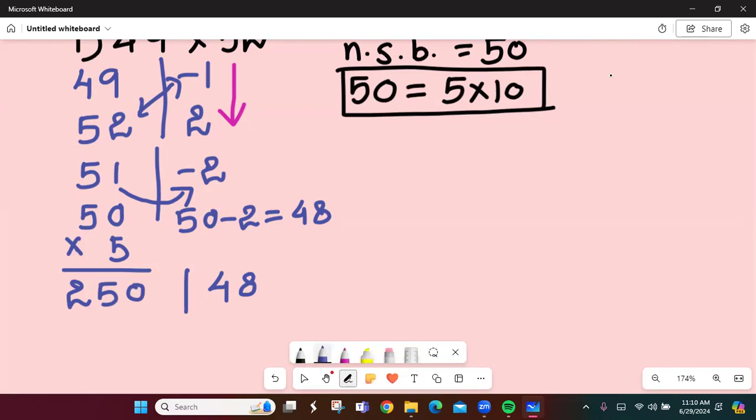But again, keep in mind that the standard base in this problem is 10. That means there should be only one digit in this partition. So this 4, I'll carry forward. So 250 plus 4 becomes 254.